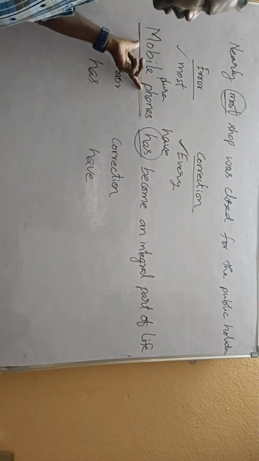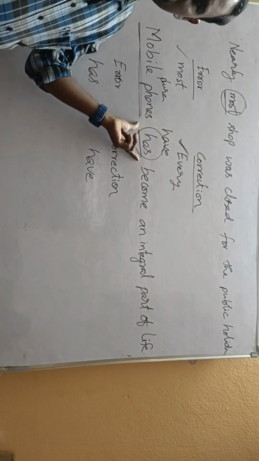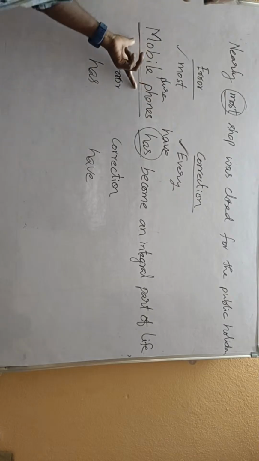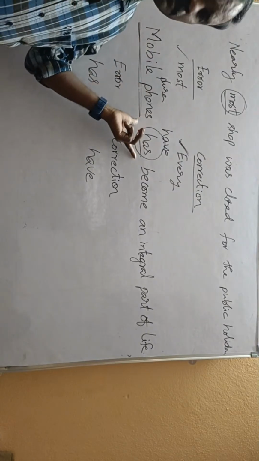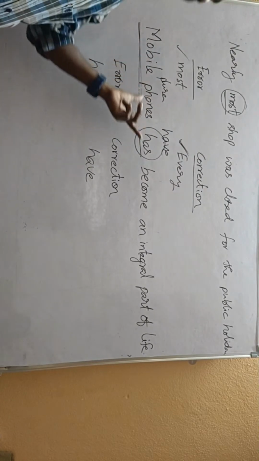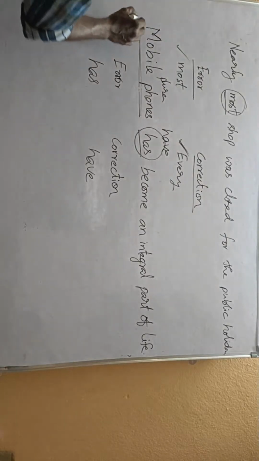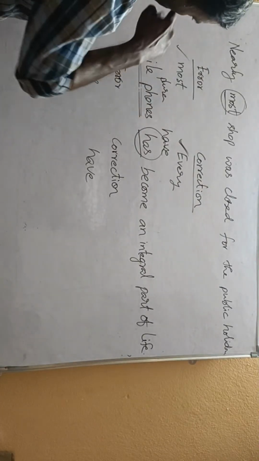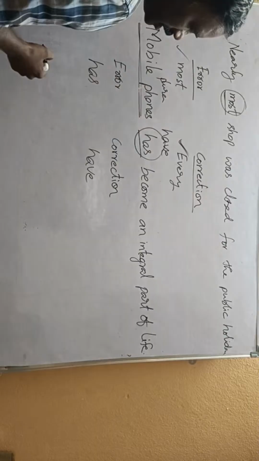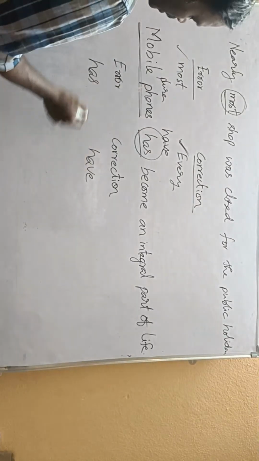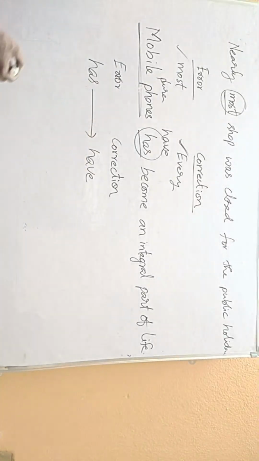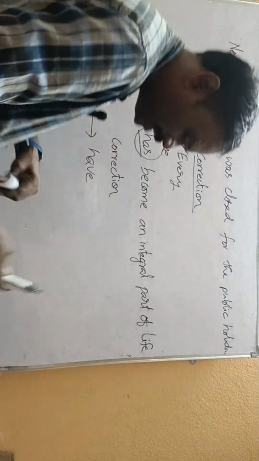If it is in singular form, it should be in singular form. Plural nouns take plural verbs, singular nouns take singular verbs. So has is wrongly used, because here it is plural and the verb is singular. So we corrected has to have. Right? Next.